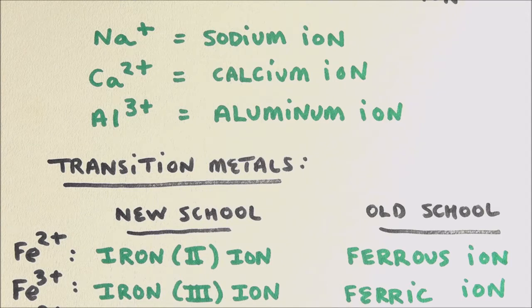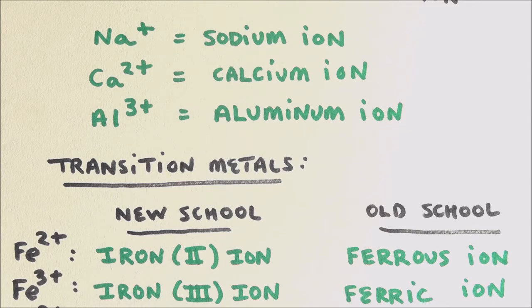So in the old school way, you take the Greek or Latin root of the element, which itself you have to know by memory, so it's a crummier system, but it's still around. And then you have these suffixes: -ous for the one that has the lower charge and -ic for the one that has the higher charge.